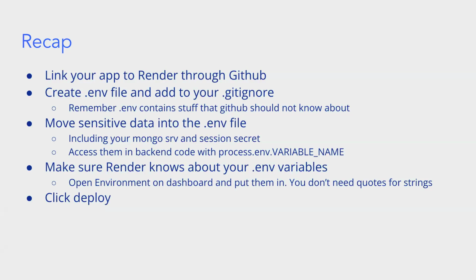To make sure Render is aware of these environmental variables, because .env isn't on GitHub, you need to open environment on your web service dashboard and put them in. You can also just upload your .env file. After this, click deploy and it should work, but if it doesn't, that's totally okay. Sometimes things still go wrong, and just ask for help if you need it.